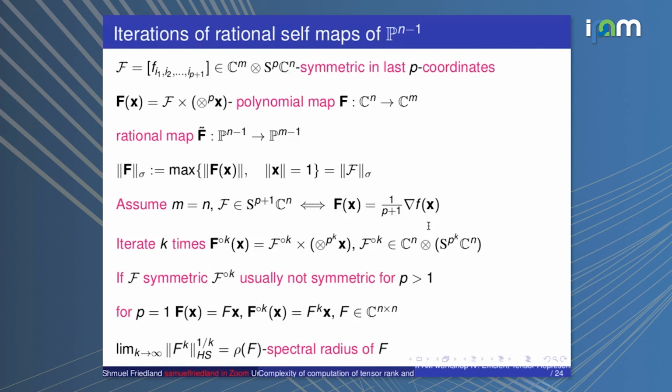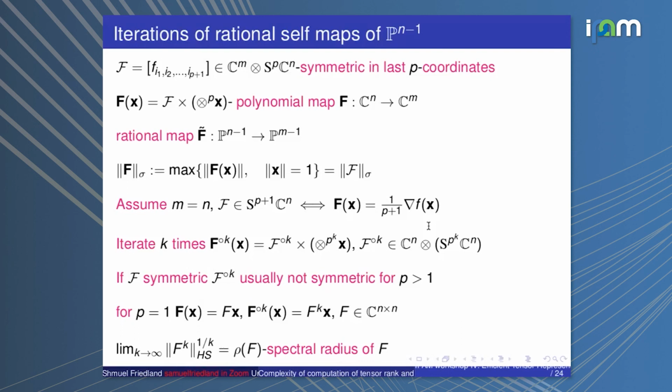You are looking at tensors which are symmetric in the last p coordinates, but not the first one. Now, even if you start with a symmetric tensor with m equals n, when you start to do iterations of maps, it is not going to be symmetric. And then you can take this limit of f_k.